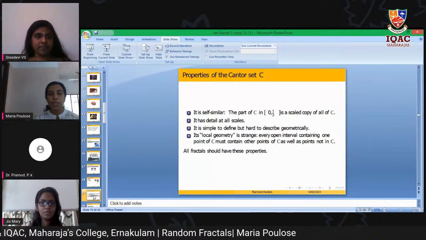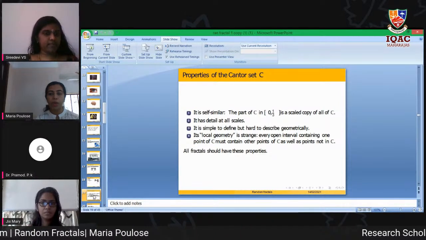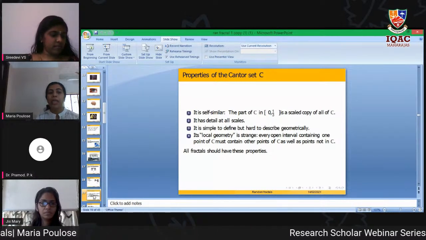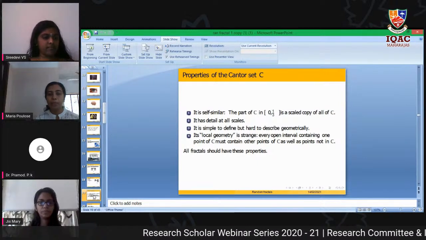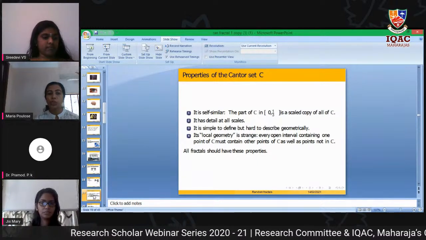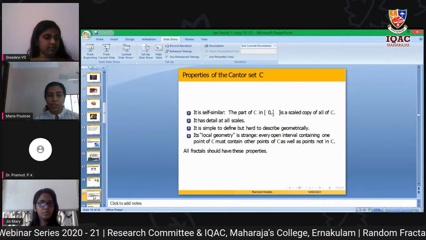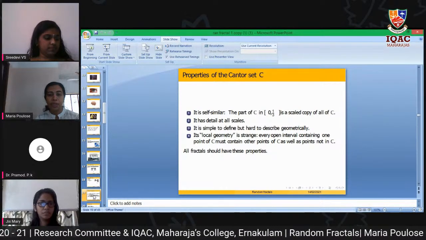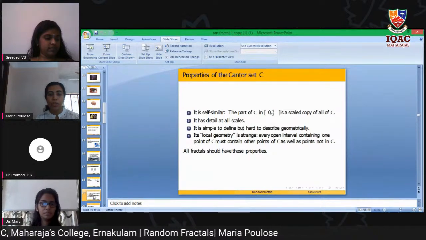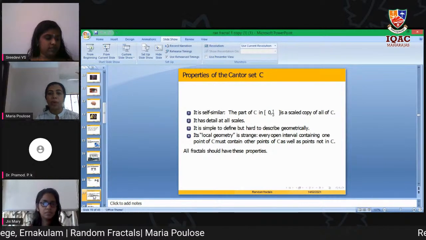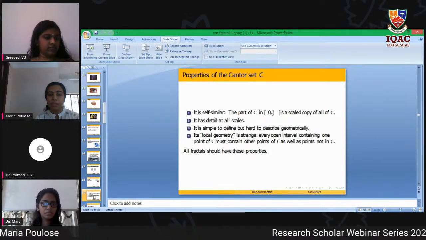The part of C in closed interval 0, 1/3 is a scaled copy of all of C. It has details at all scales. It is simple to define but hard to describe geometrically. So its local geometry is strange. Every open interval containing one point of C must contain other points of C as well as points not in C. All fractals should have these properties.